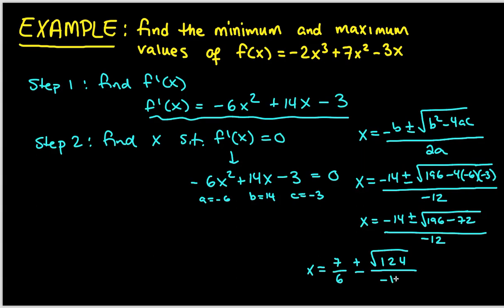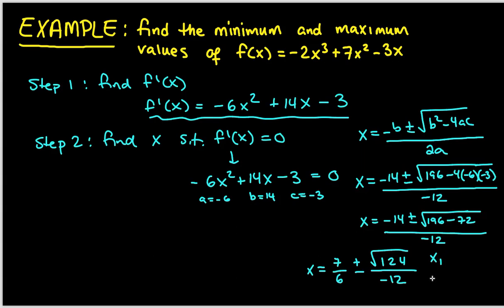You'd have to put this in a calculator to get approximate results. 124 is not a perfect square, so it's not going to come out as an integer. But we know that 10 squared is 100, and 11 squared is 121, so it's probably a little over 11. Anyway, the point is, you get two solutions here.